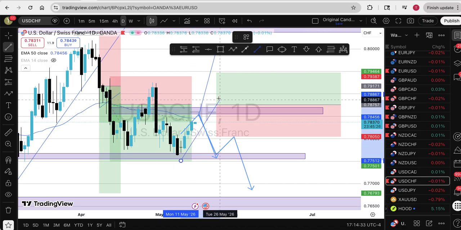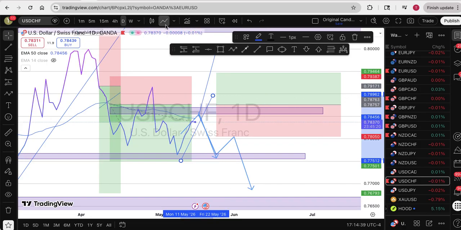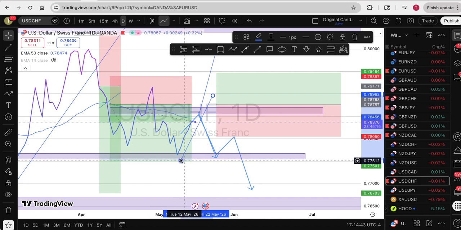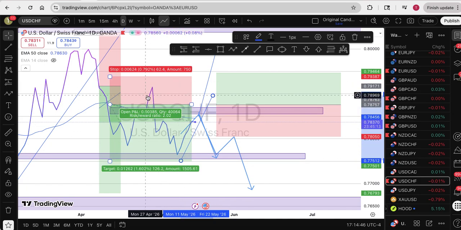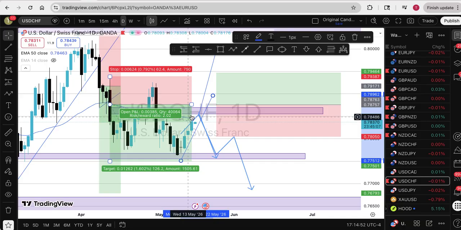But guess what? We are currently bullish also on the daily time frame, because if you can see, although we are making lower highs and lower lows on the weekly, daily we have just created a high here, which means what? We are bullish on the daily.